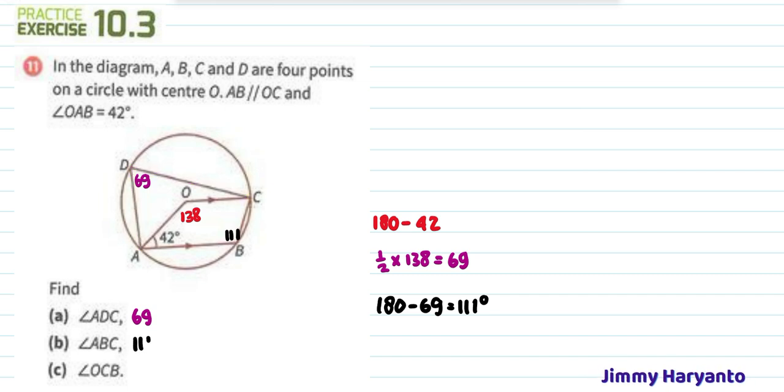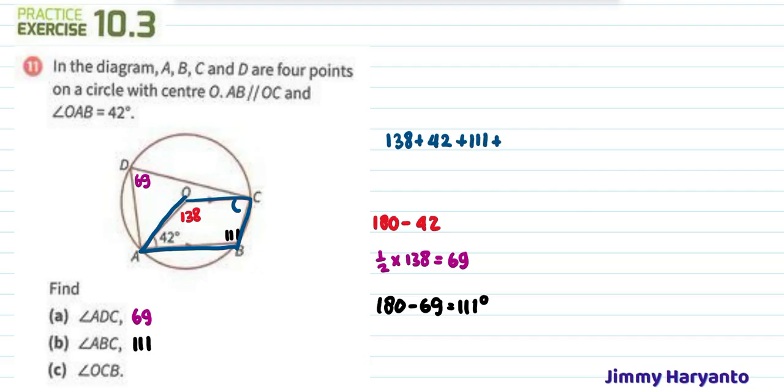That means ABC equals 111, and then OCB. Okay, OCB is this one. Let's use the quadrilateral. The sum of a quadrilateral is 360. So 138 plus 42 plus 111 plus x equals 360. X equals 69. So that one is 69.